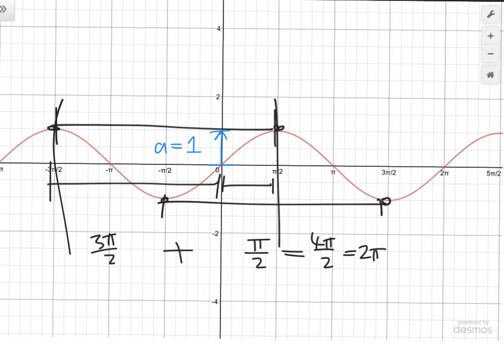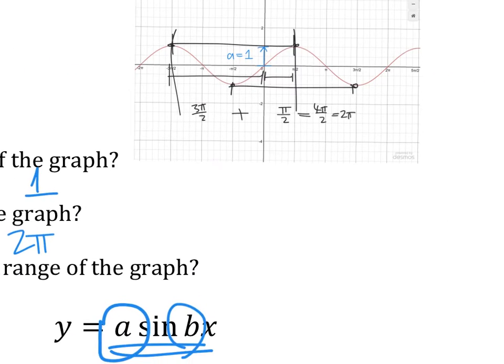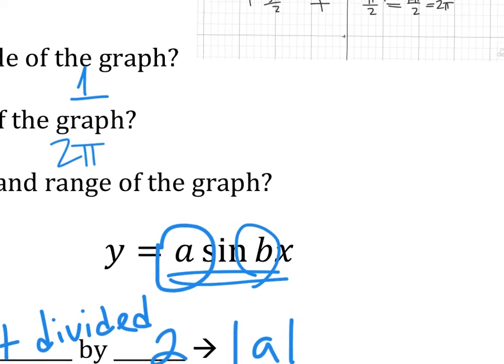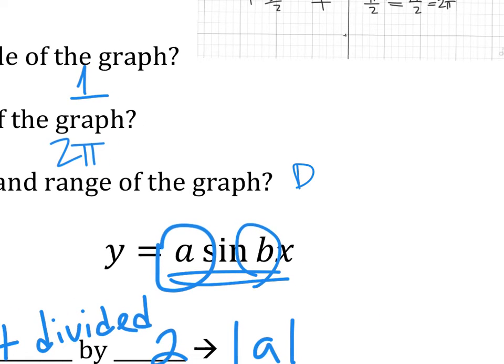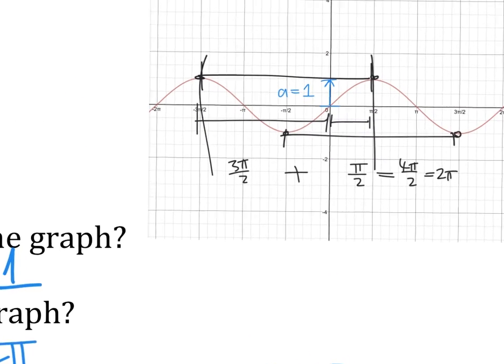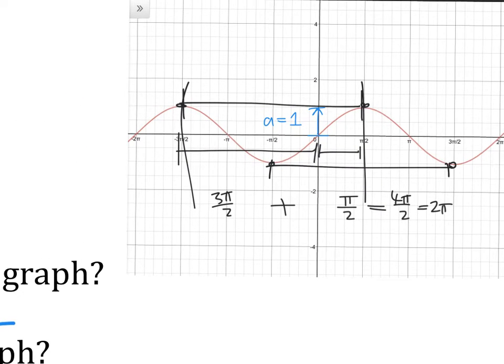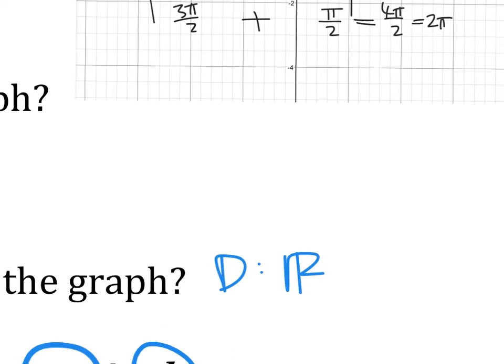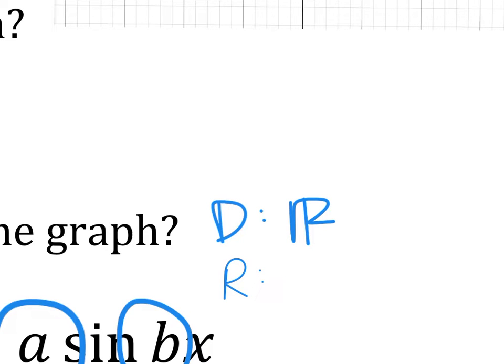And are there graphs that exist on those? Yes. There is graph that exists on all the x values, so the domain is all real numbers. Now let's ask ourselves, what are all the possible y values? Well, if you take a look at this graph, it looks like it's just going to go up and down between -1 and 1. So that means the range is just between -1 and 1.